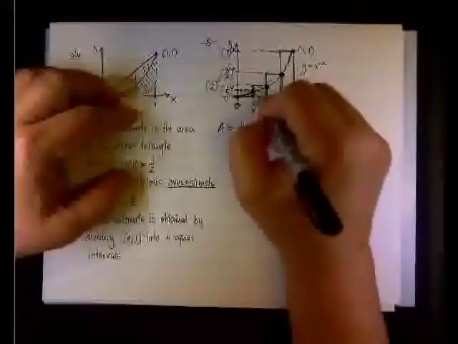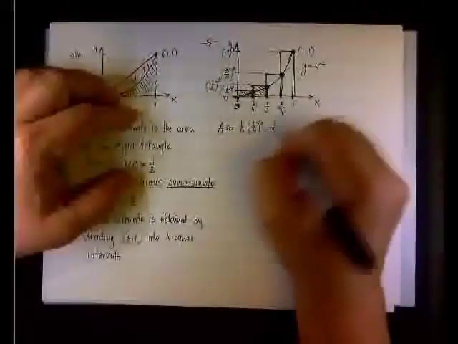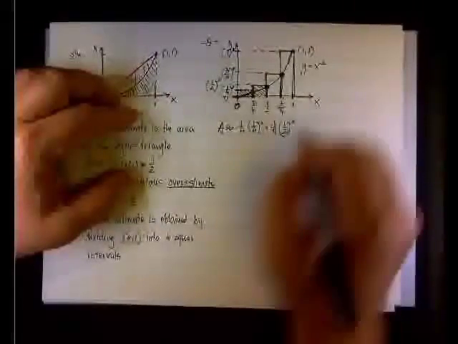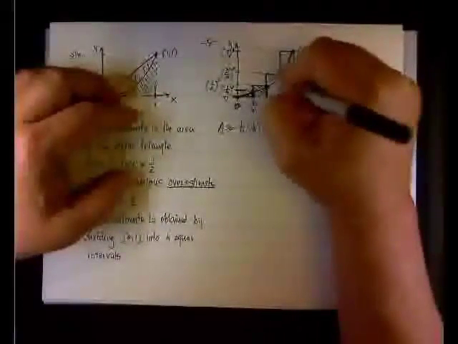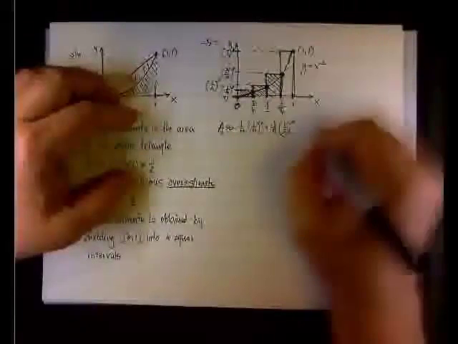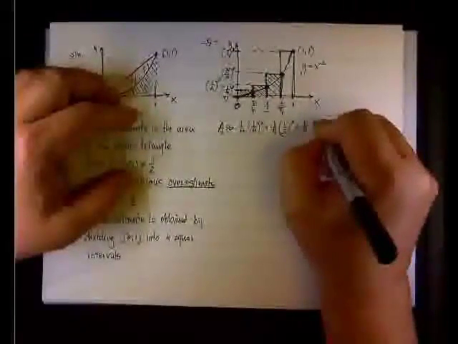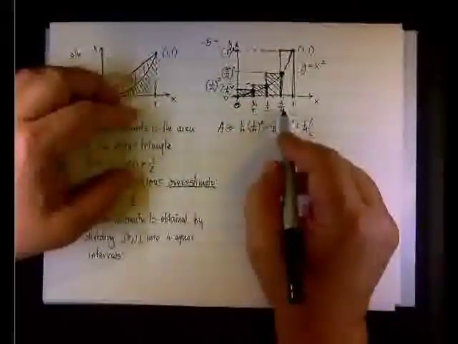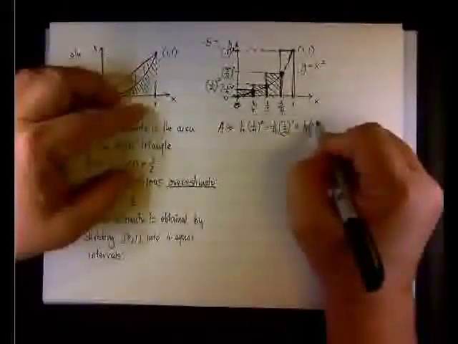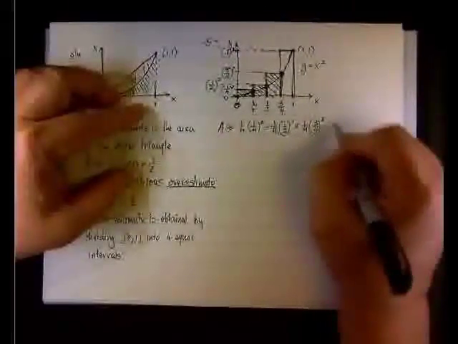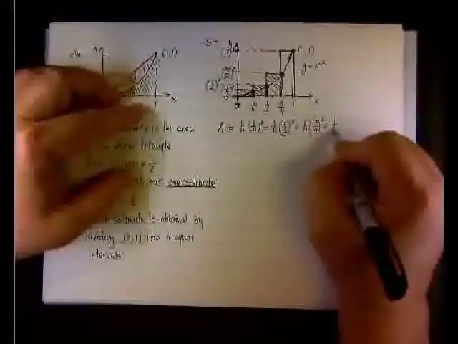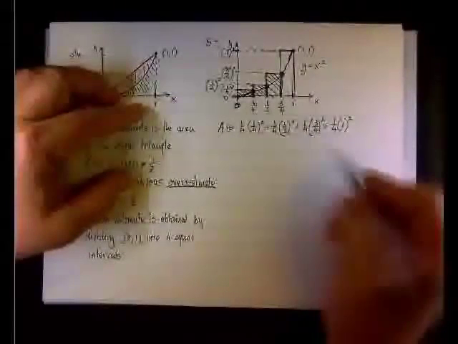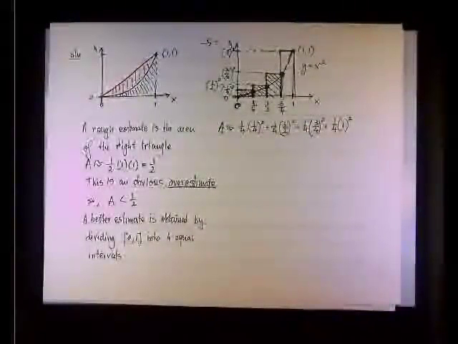The second rectangle, the width will be 1/4, but the height will be 1/2 squared. The third rectangle is 1/4 times the y value, x squared, x equals 3/4, so we are looking at 3/4 squared. And finally 1/4, and the y value is 1, so we have 1 squared, which is 1. Okay?